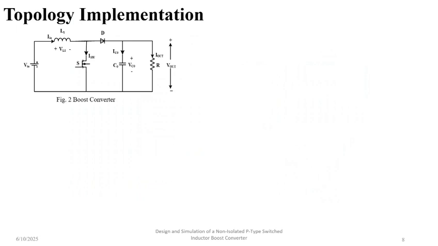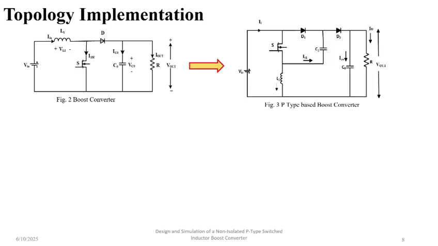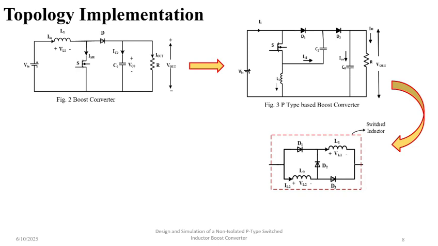Coming to the topology implementation, figure 2 is the boost converter and figure 3 is the P-type based boost converter, which is given in the studied paper. Figure 4 is the switched inductor topology.